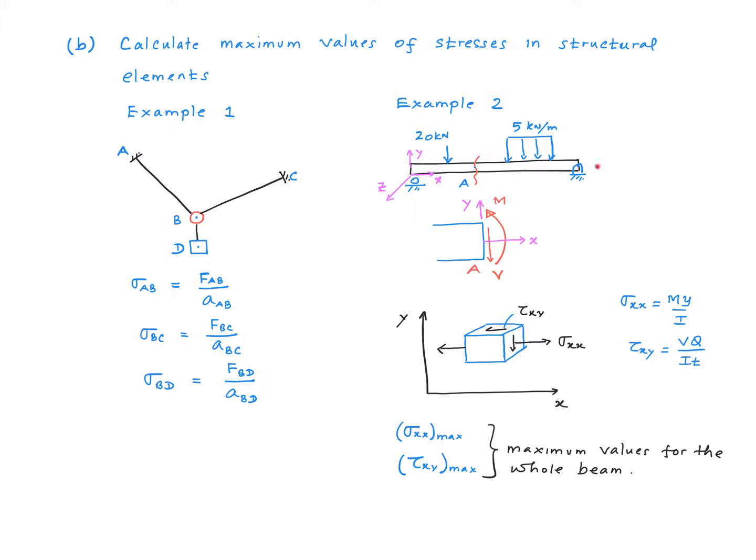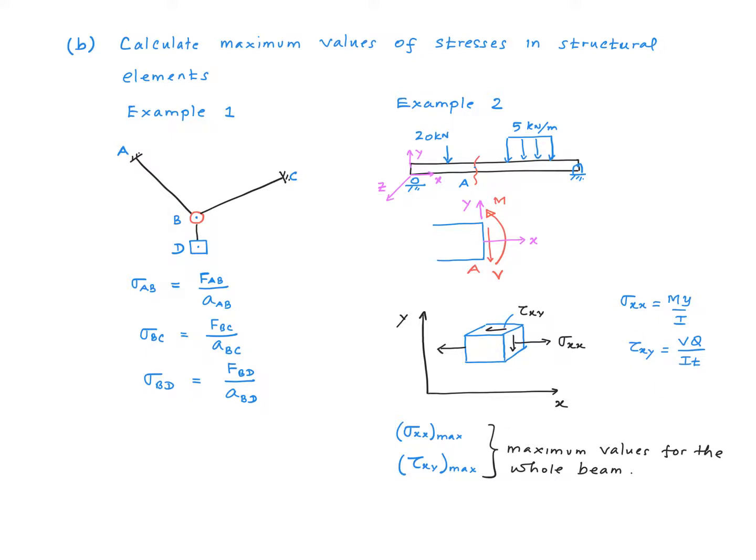Similarly in the beam problem, let's say I take a cross-section at point A. I'm going to see a shear force and a bending moment. In this course, later on, we'll learn how to calculate the corresponding stresses due to each of these internal forces. We will learn that the bending moment will produce a normal stress sigma xx, and the shear force V will produce a shear stress tau xy.